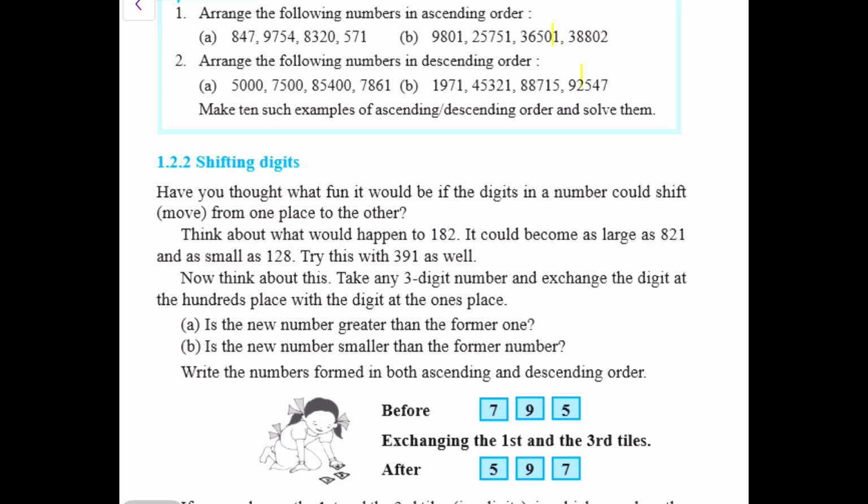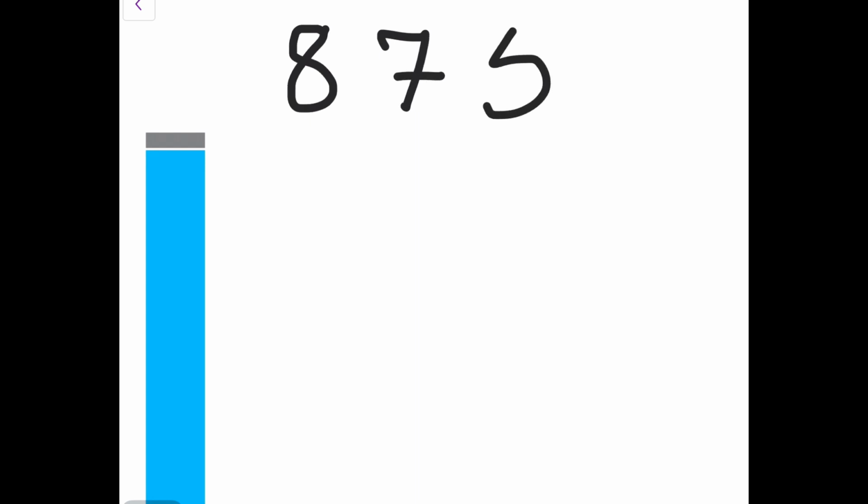Let's start with the first topic, that is shifting of digits. Let's see an example first. I am writing a number here. This is 875.